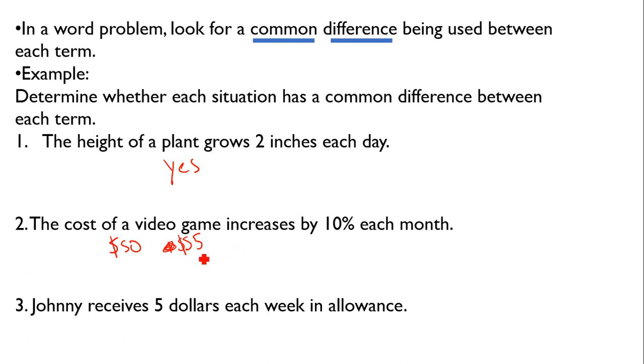Then after that, 10% of 55 is $5.50, so that would actually be $60.50. So no, not quite. Now let's think about the money that Johnny's getting, $5 each week. He'd have $5 first, 10 total the next one, 15, and so on. So yeah, that one seems legit.